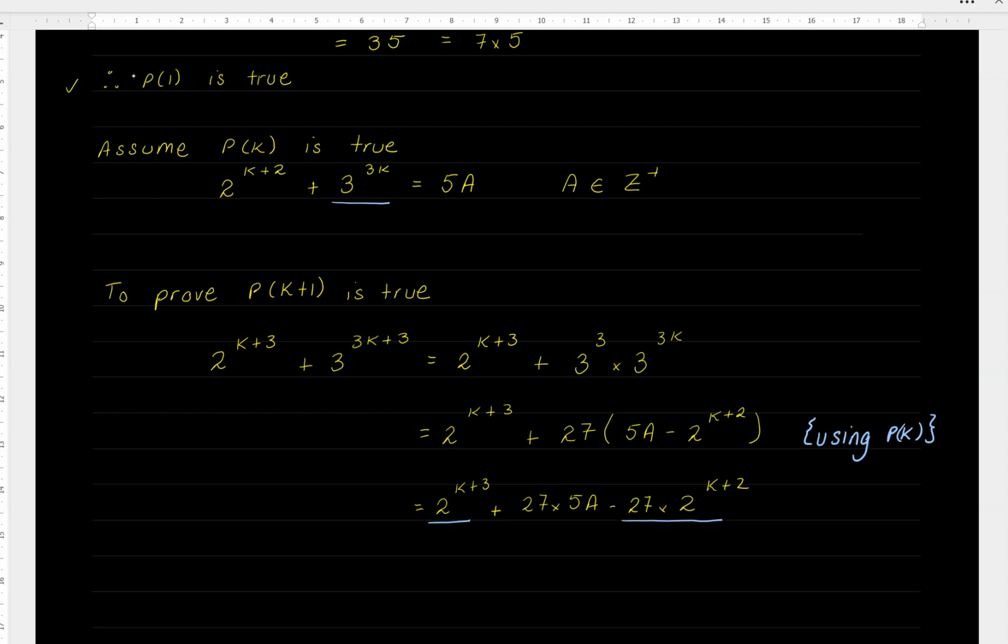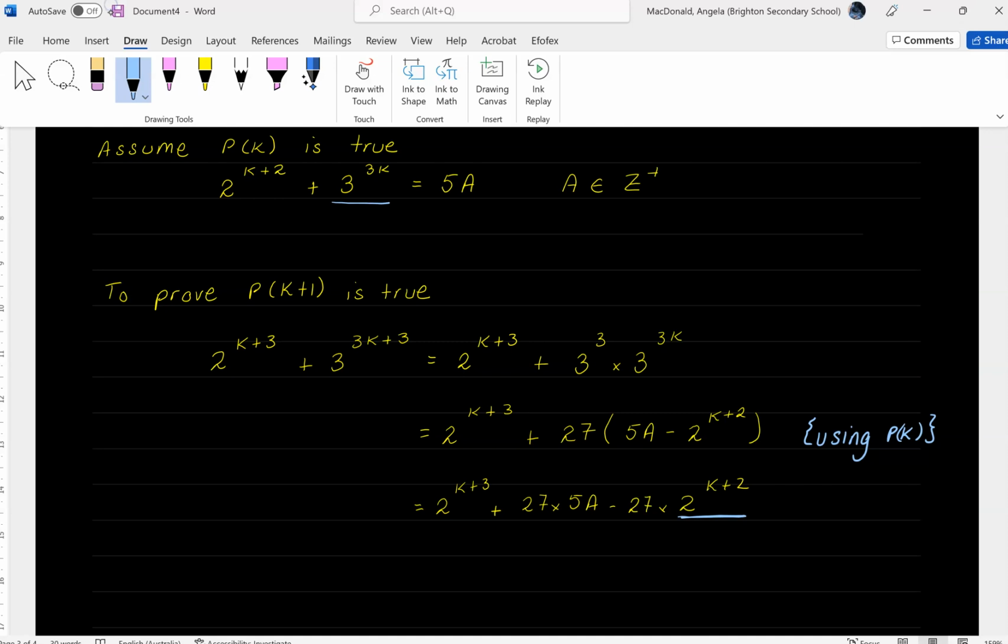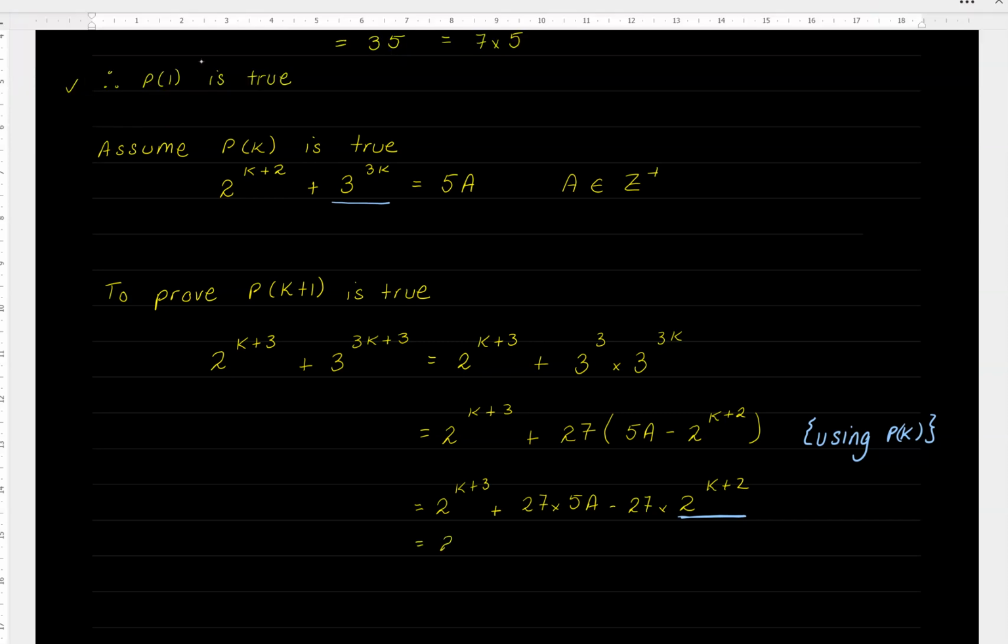What I'm going to try and do is make 2 to the k plus 3 be a similar term to that. And by now, we're pretty confident, I hope, by separating these. So again, do we agree that 2 times 2 to the k plus 2 is indeed 2 to the k plus 3?